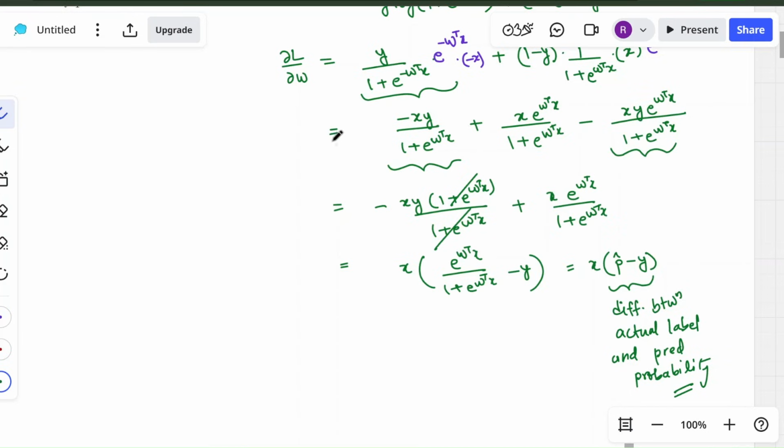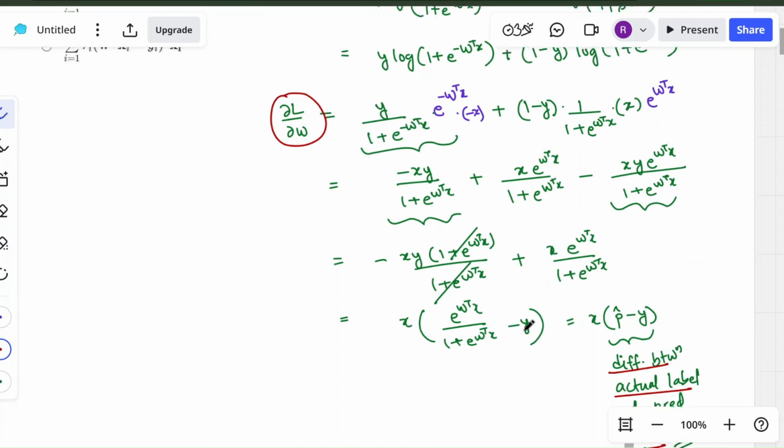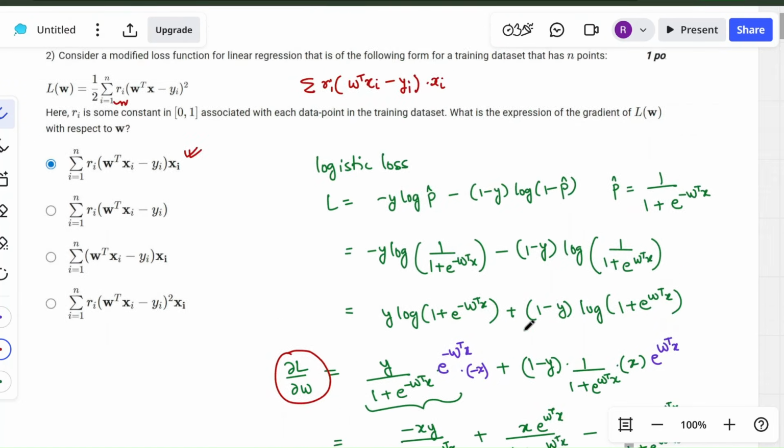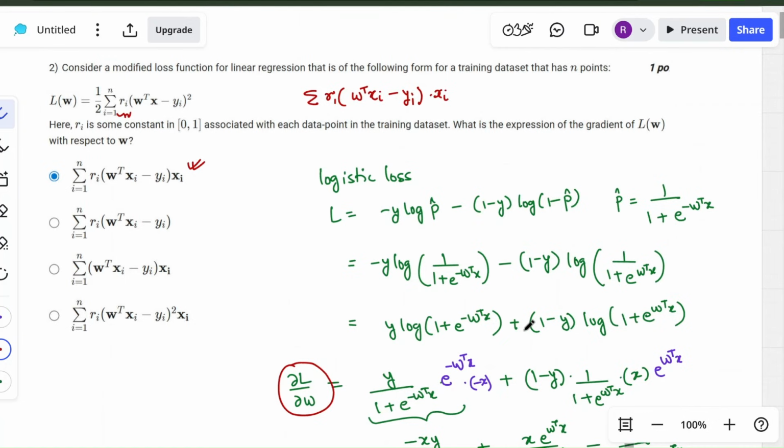So you can see that the derivative of the logistic loss is proportional to the difference between the actual label and the predicted probability. This is just an additional question that came to my mind when I took the derivative of this, because a lot of times this derivation is skipped.